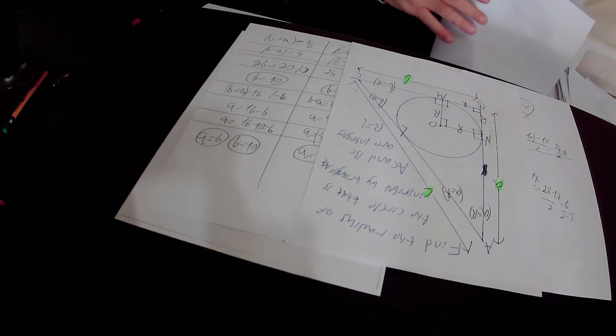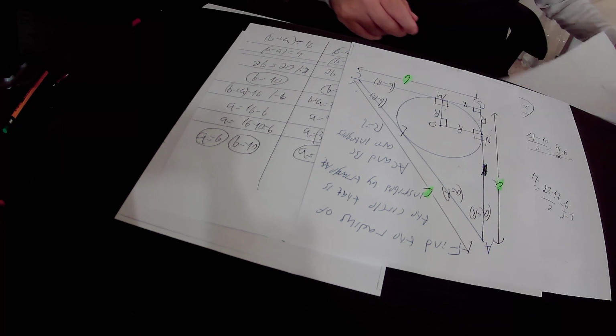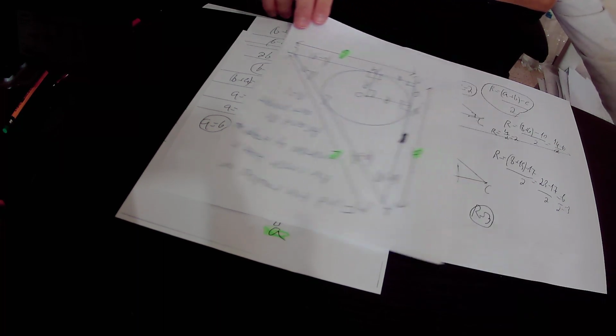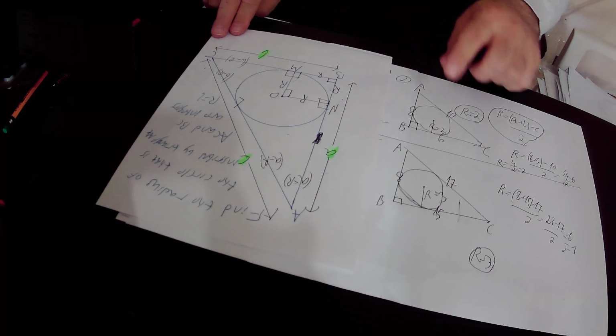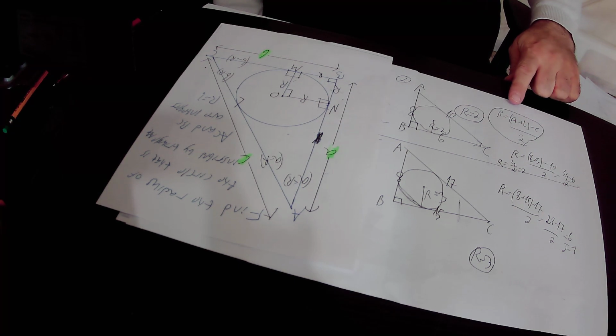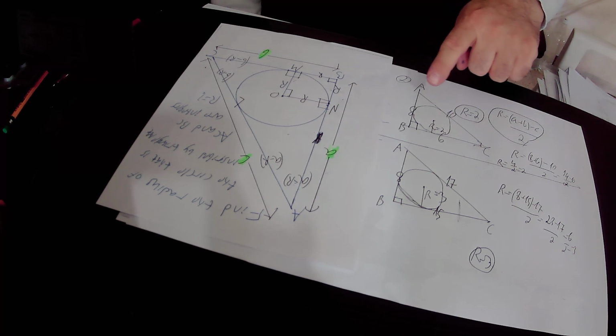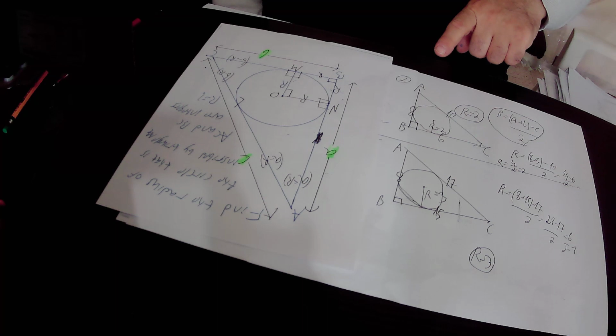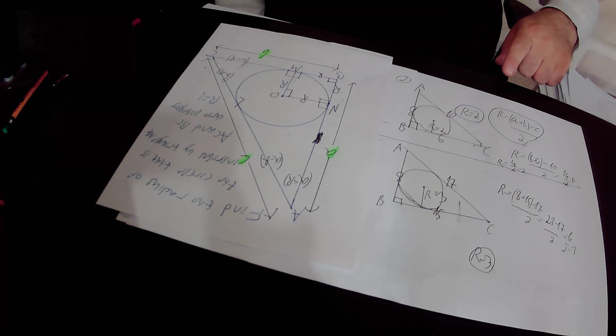So we applied the new formula to our two right triangles. We have the formula R equals A plus B minus C over 2. That is to say, it is equal to the sum of the perpendiculars of the right triangle minus the hypotenuse, over 2.